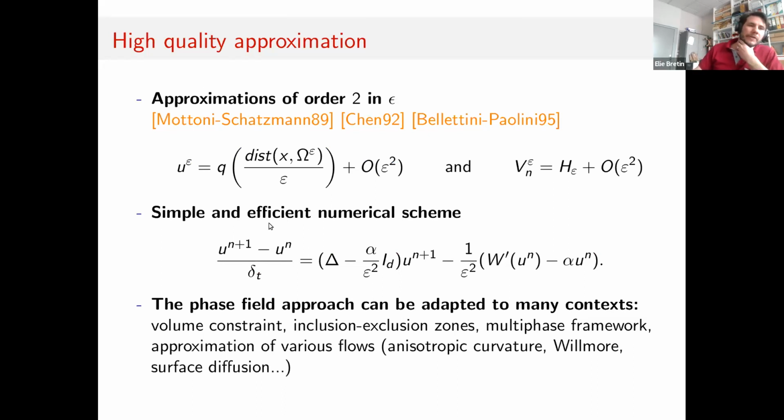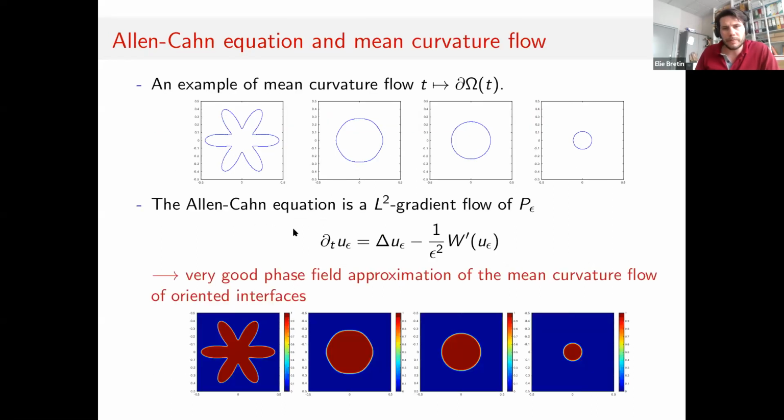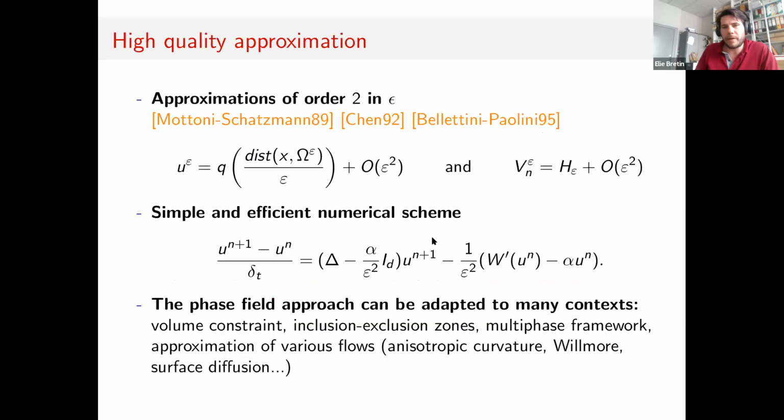The phase field method is a very nice tool because this equation, the Allen-Cahn equation, is a reaction diffusion equation with a homogeneous differential operator and a nonlinear term, but for which we have a very simple and efficient numerical scheme. For example, I can consider an implicit treatment of the Laplacian and an explicit treatment of the double well potential.